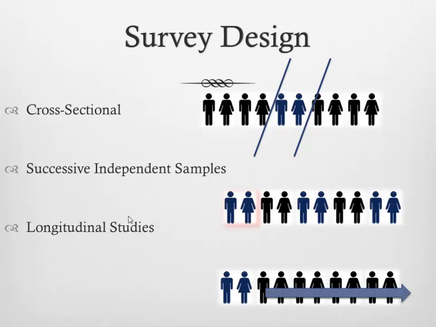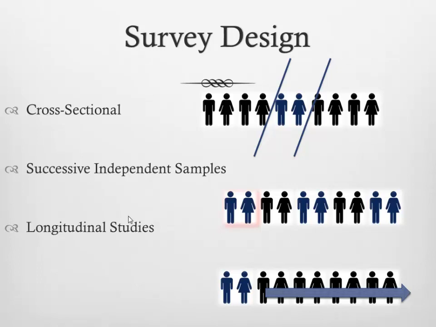So rather than tracking people longitudinally, and rather than doing a one-time cross-section of people in evaluation, you would take a sample of people in evaluation at one point in time, and then in the future take another sample of people, and then in the future take another sample of people in evaluation.